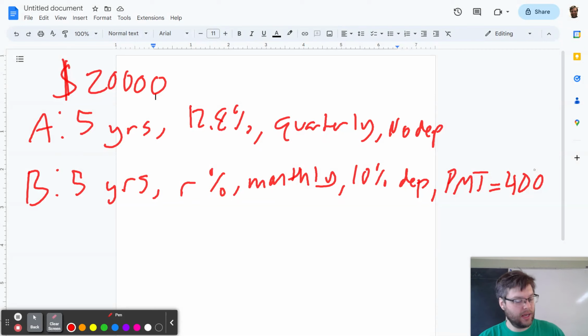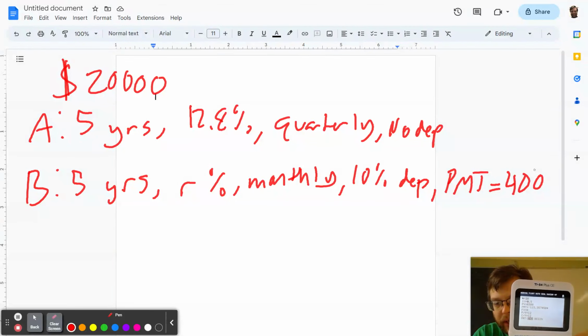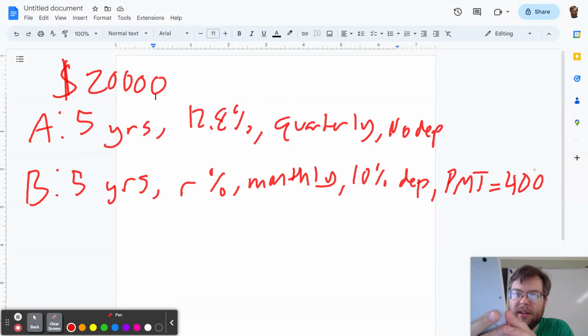Okay, and we're going to use the finance app on this. So I'm just going to make sure that I talk through and show you what the different pieces are to type in. So open up the finance app. Let's do option A first. So 5 years quarterly means 5 times 4. So you've got an end value of 20. The interest is 12.8%.